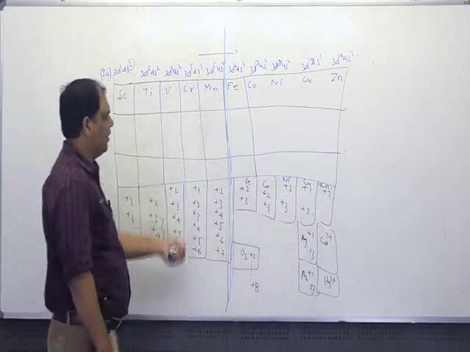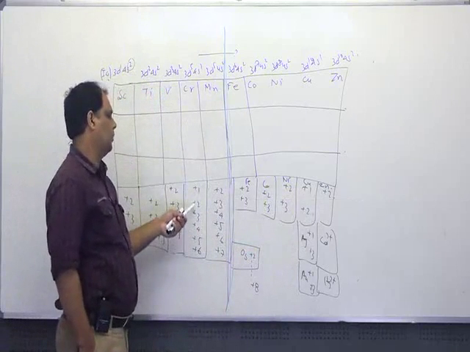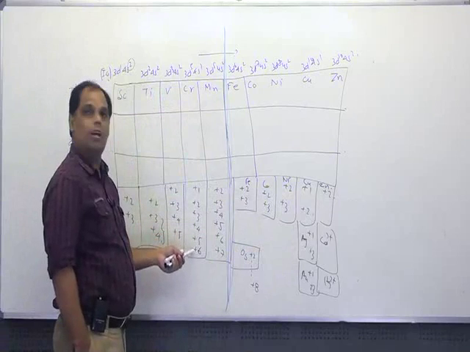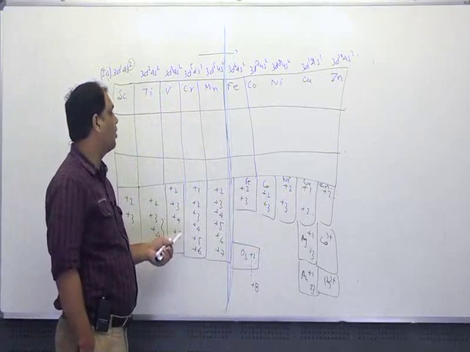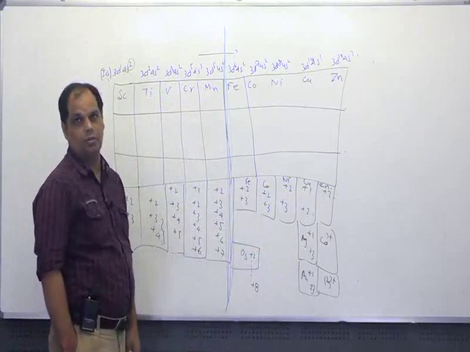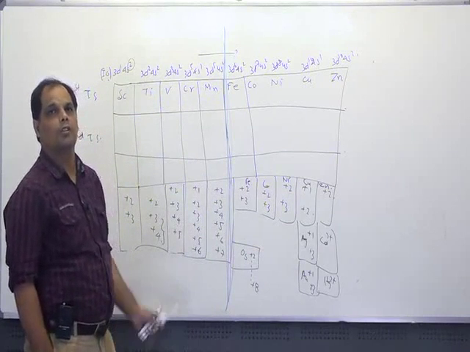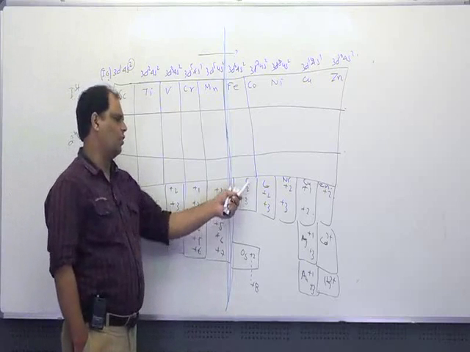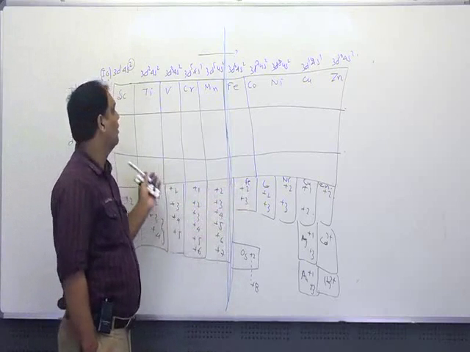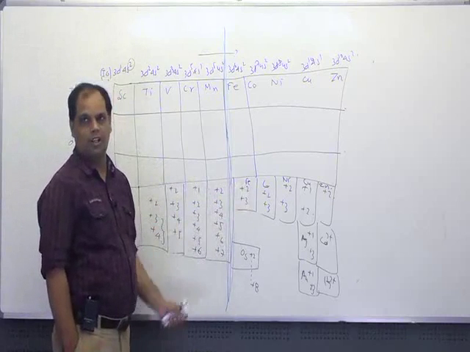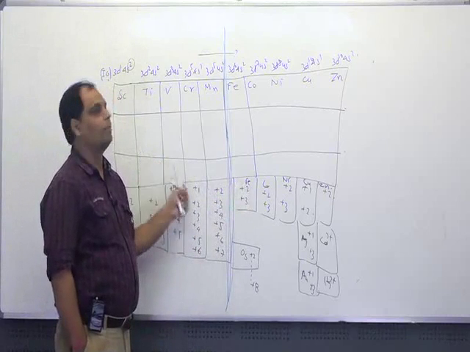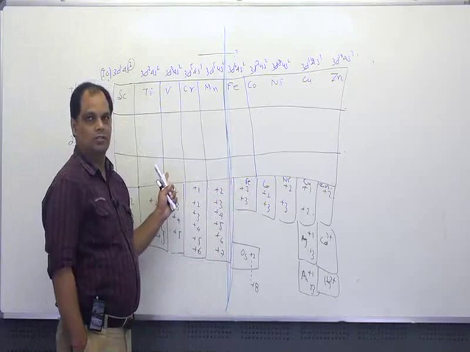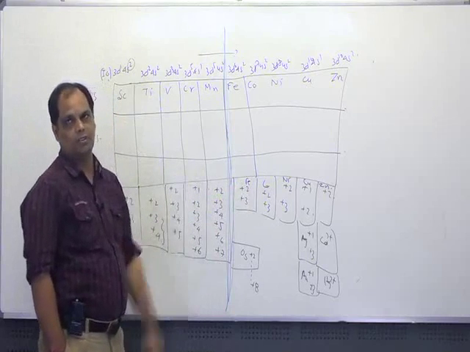With variable valency we have to specify, like chromium 2, chromium 3, chromium 4, chromium 5, or chromium 6. Here we cannot use -ous or -ic. That notation is only possible when we have only 2 valencies. If you don't want to use it, you can also say iron 2 or iron 3. So this is the permissible cationic electrovalency of various D block atoms.